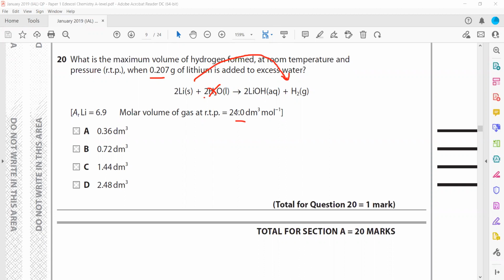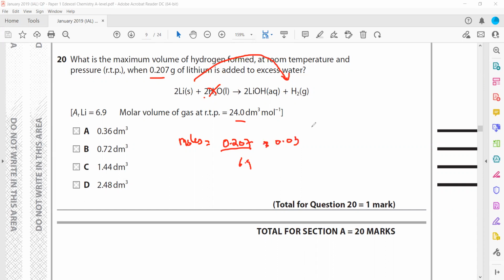So the formula is moles equal mass in gram, 0.270, divided by molar mass, the atomic mass of lithium, which is 6.9. So 0.270 divided by 6.9 equals 0.04.